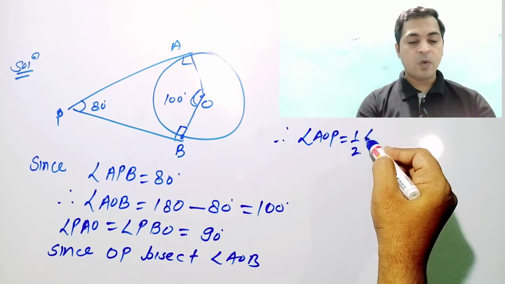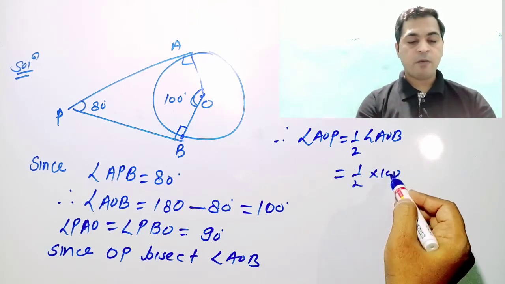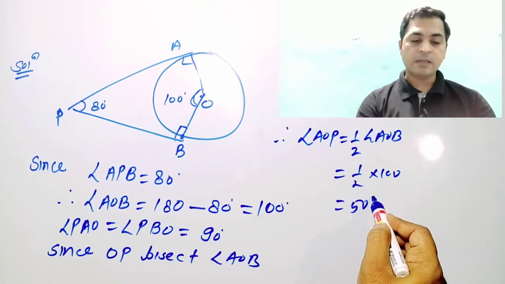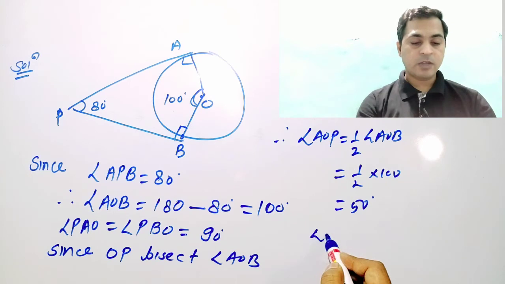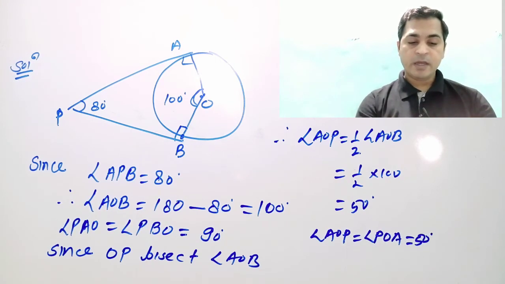So angle AOP will be half of AOB. So half of 100 degree, that is 50 degree, right, student? So the measure of angle POA is equal to 50 degrees.